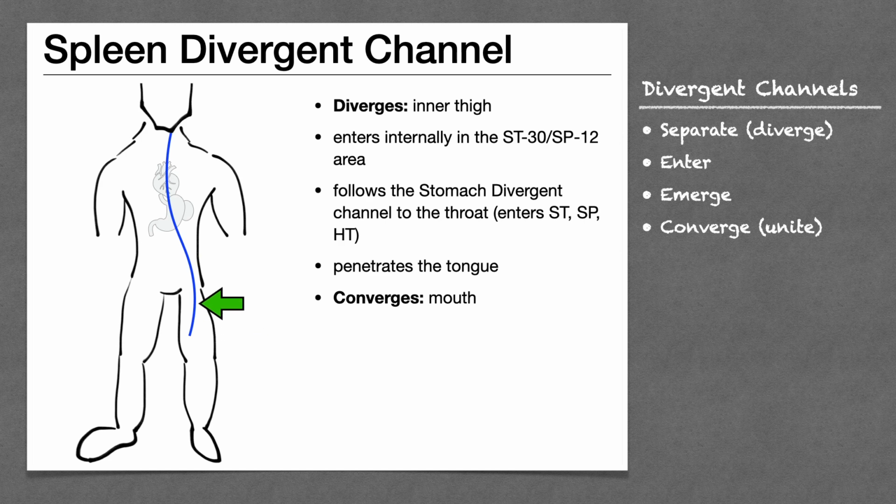Then it dives deep and enters the body cavity in the inguinal area around spleen 12 or stomach 30. It follows the stomach divergent channel up until it emerges at the throat. Then it converges or unites with the stomach channel at the mouth. Then we also say that the spleen divergent channel penetrates the tongue. So with the spleen, both the primary channel and the divergent channel connect to the tongue.